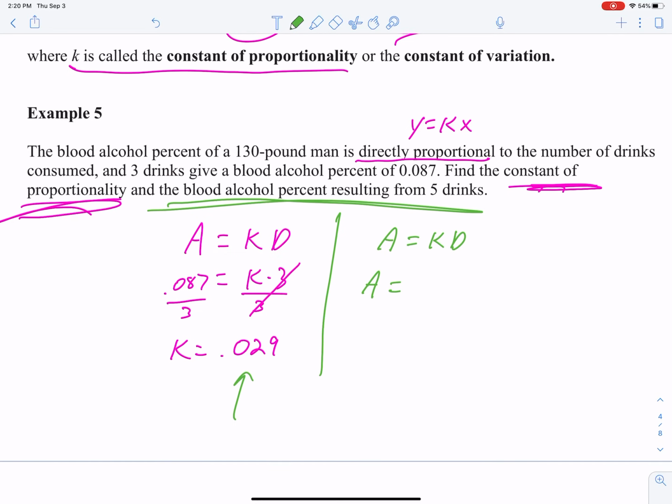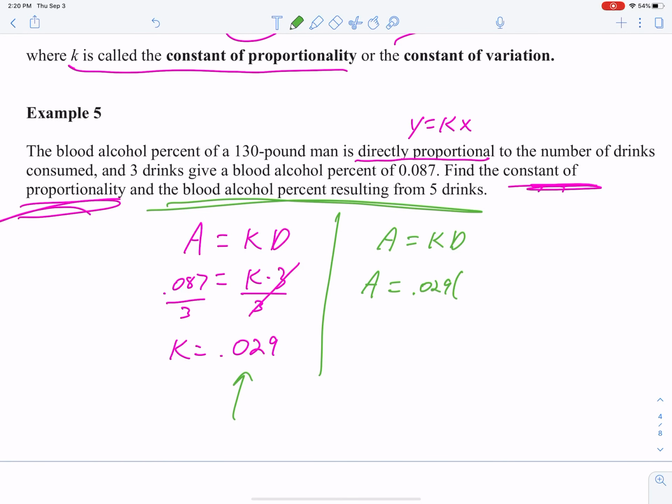But we know that they had 5 drinks, and we know that K is 0.029 times those 5 drinks. So punch that into your calculator, and you'll see that's something like 0.145, which is way over the legal limit. Okay, there you go. Make sure you work on these types of problems. They're important as well.